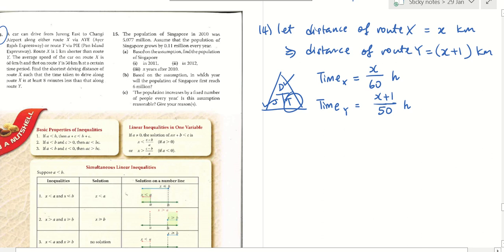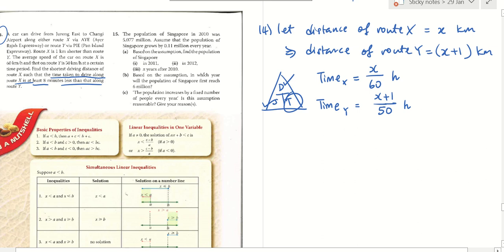Okay, so we now have an expression for both of them. Now they want to find the shortest distance such that the time for x is at least 8 minutes less than that along y.